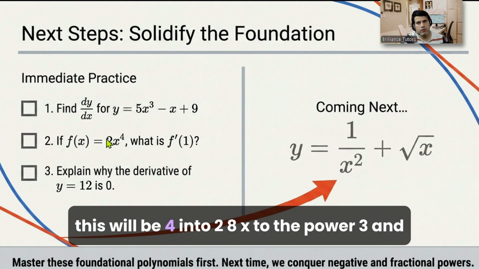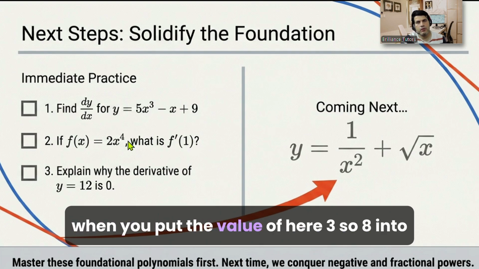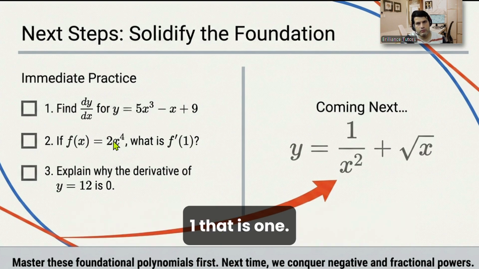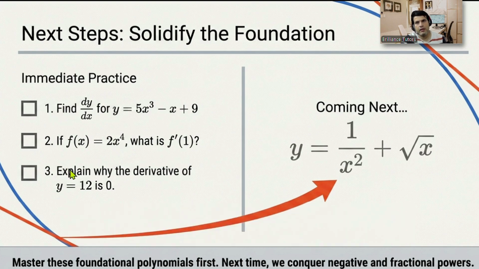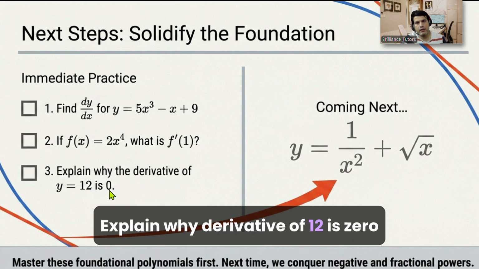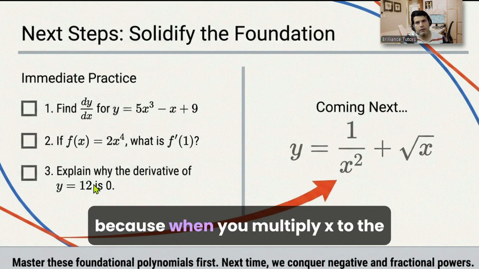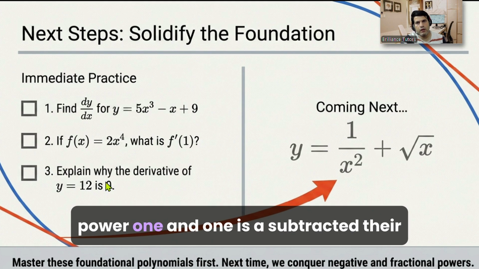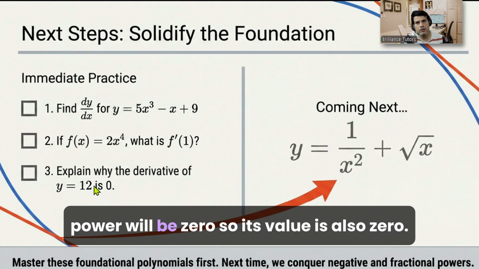And this will be 4 into 2, 8x to the power 3, and when you put the value 1 here, 8 into 1. Explain why the derivative of 12 is 0: because when you multiply by x to the power 1 and 1 is subtracted, the power will be 0, so its value is also 0.